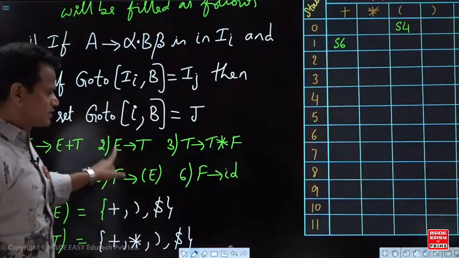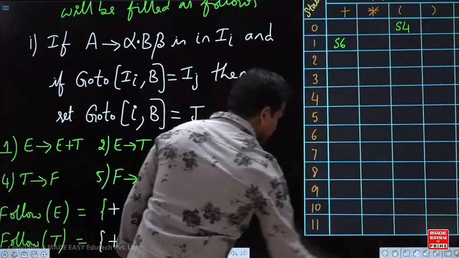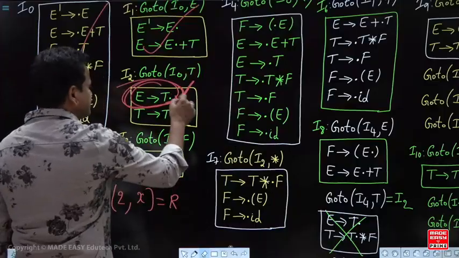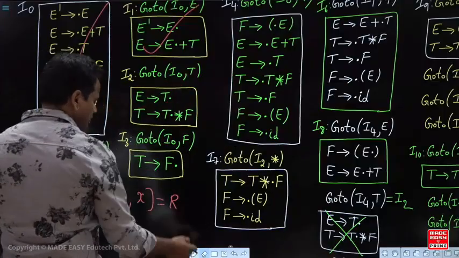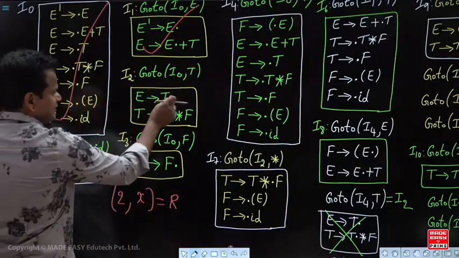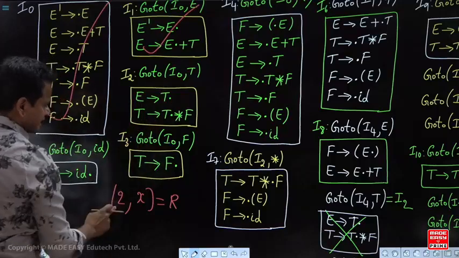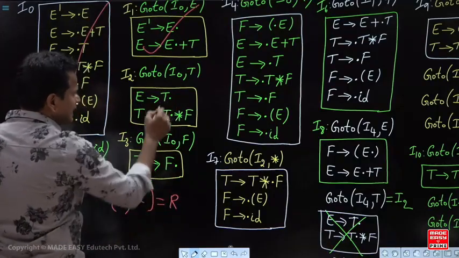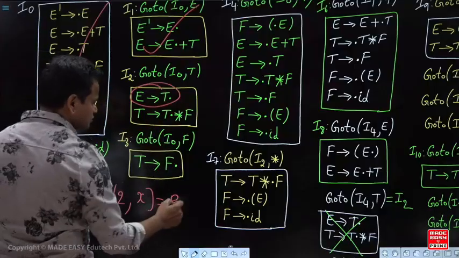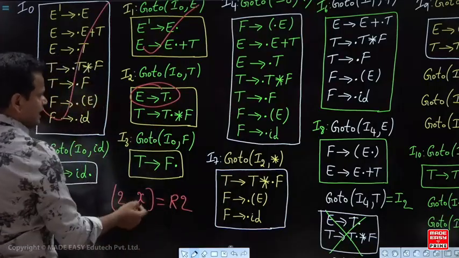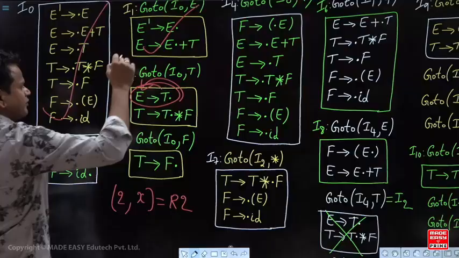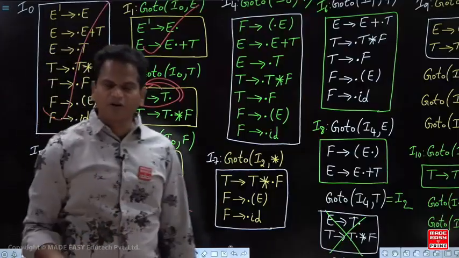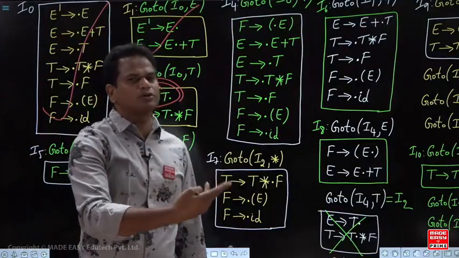Are you following? So I repeat one more time. This is I2, second row, xth column. This is the final item, that is the reduce, and the number of this production is 2. That is the reason R2. And what is X here? X is follow of E. What is follow of E? Plus, closed, dollar.